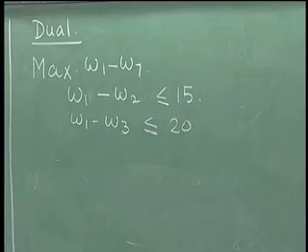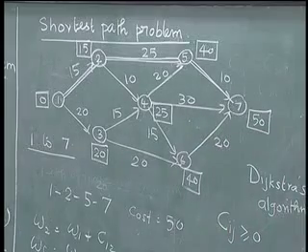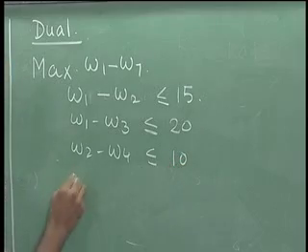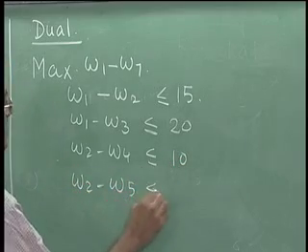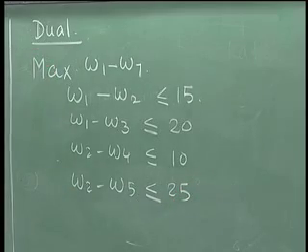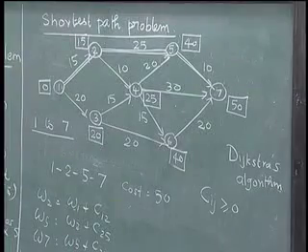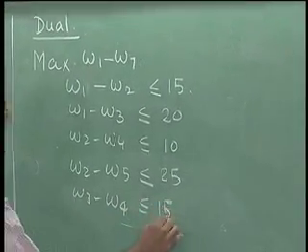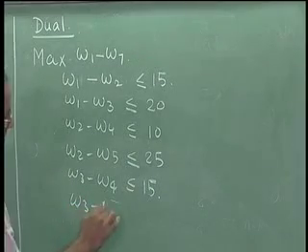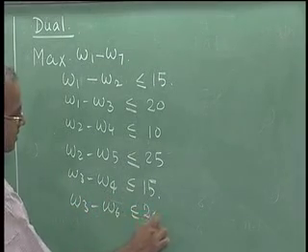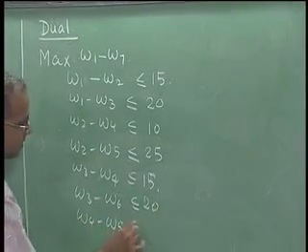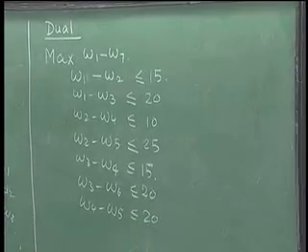From this, we now start writing W2 minus W4 is less than or equal to 10. W2 minus W5 is less than or equal to 25. W3 minus W4 is less than or equal to 15. W3 minus W6 is less than or equal to 20. W4 minus W5 is less than or equal to 20.